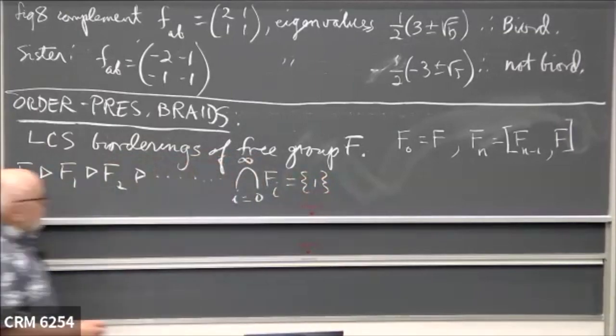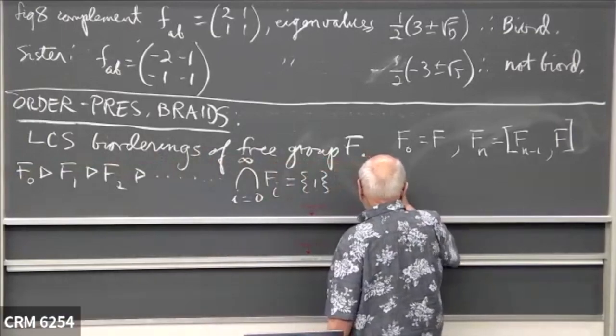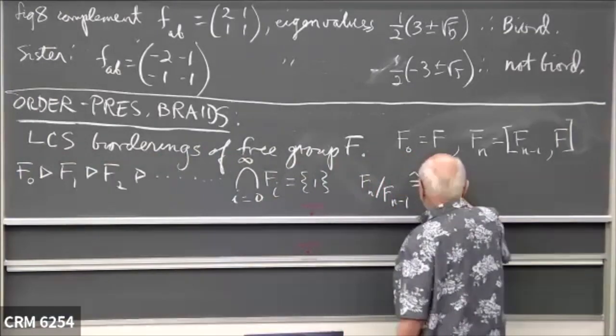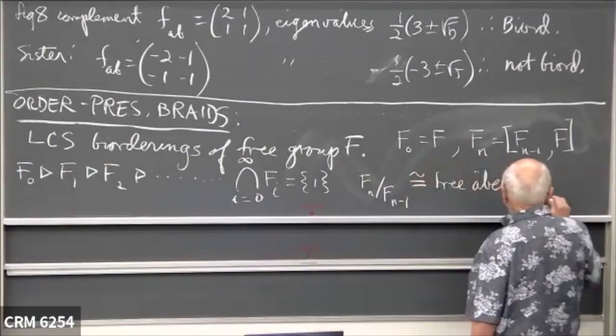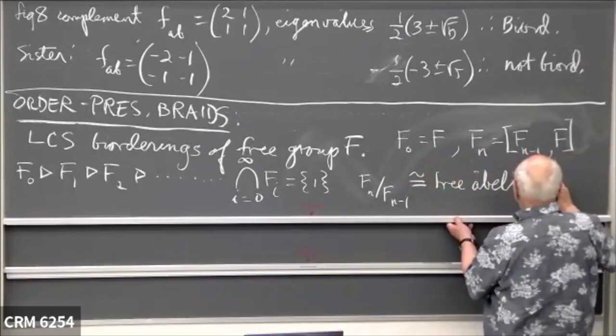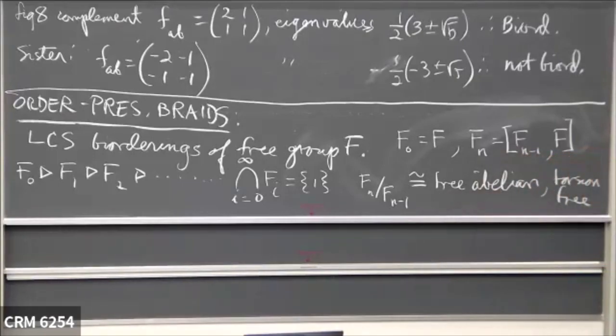And also the successive quotients, Fn mod Fn plus 1, are free abelian of finite rank, torsion free. I guess that's what I meant, free abelian.